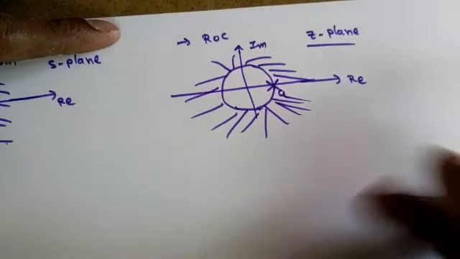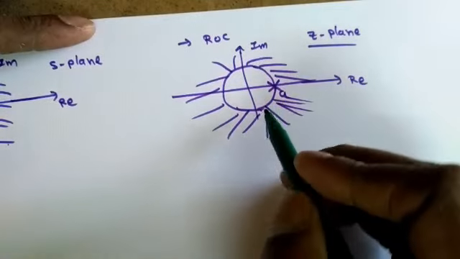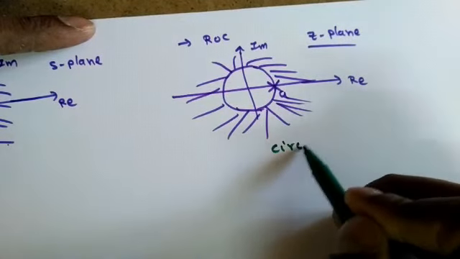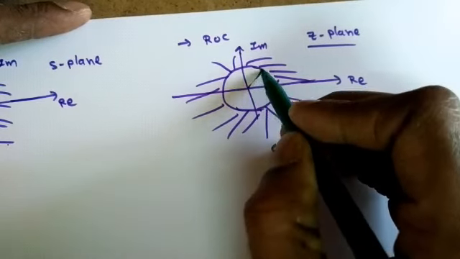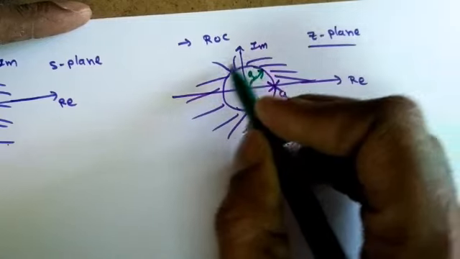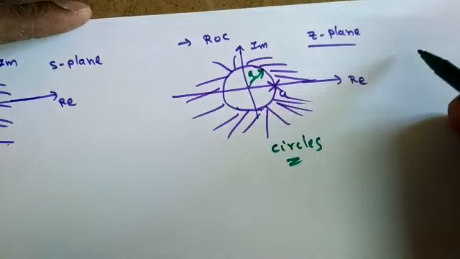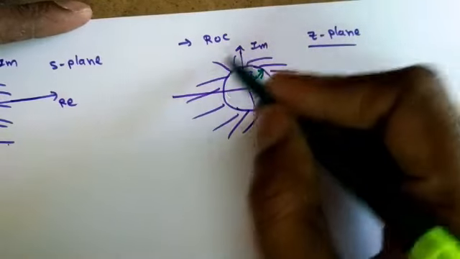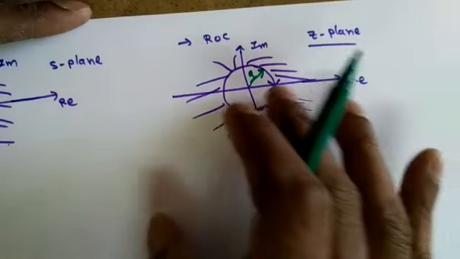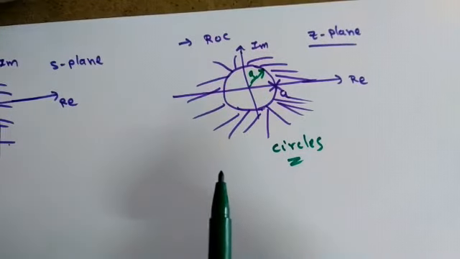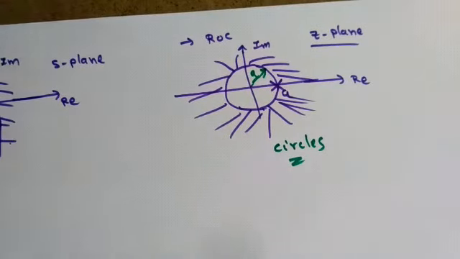Whereas in the Z plane, we will have circles. Whatever the pole value, that will be the radius a, and the ROC will be outside this circle, that is a to infinity. So the Z transform converges for values greater than a. That is some of the differences between the Laplace transform and the Z transform.